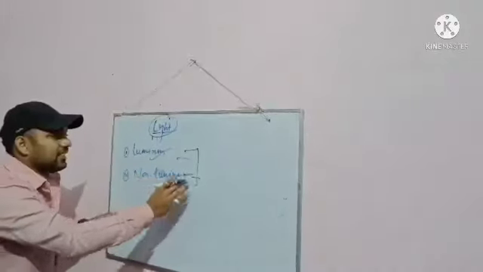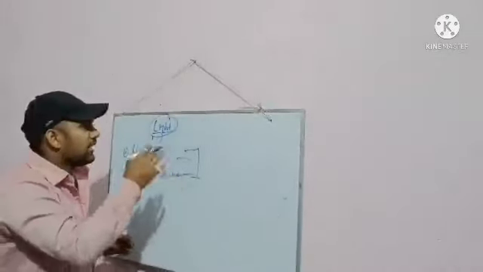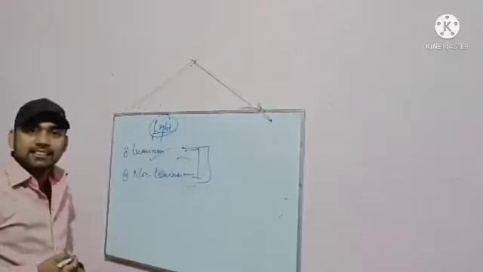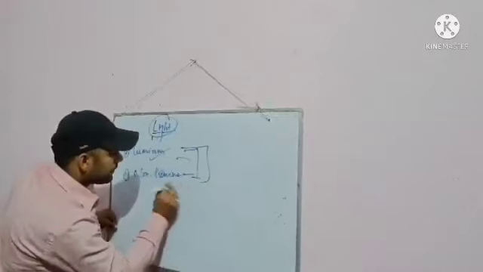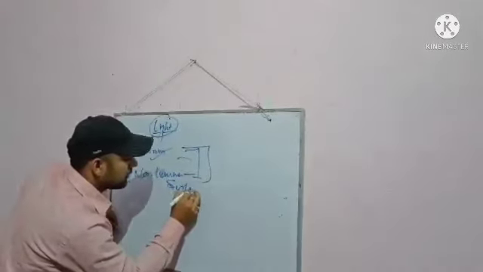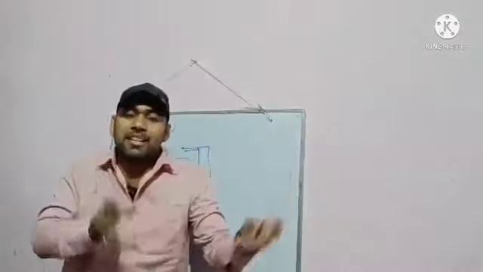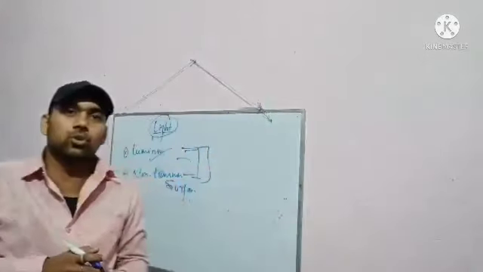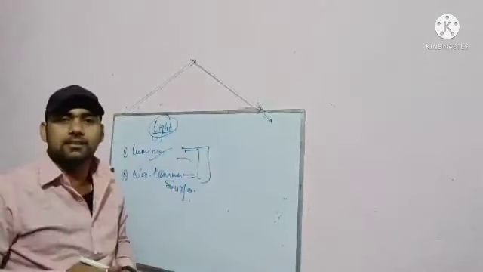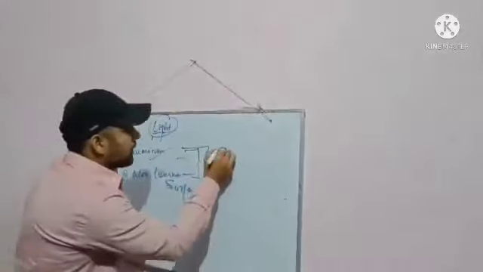Now we are going to discuss our next topic, which is the surface of light. That means the medium through which the light can pass or the medium through which the light cannot pass, and these are three.